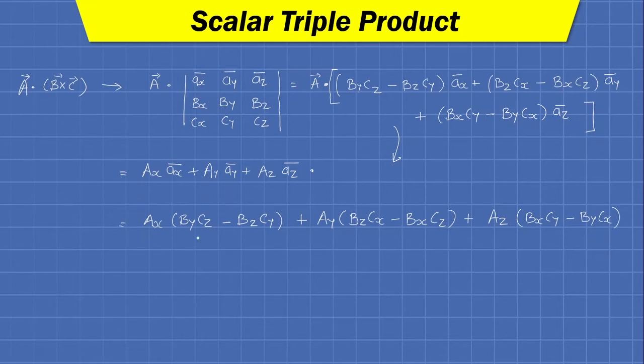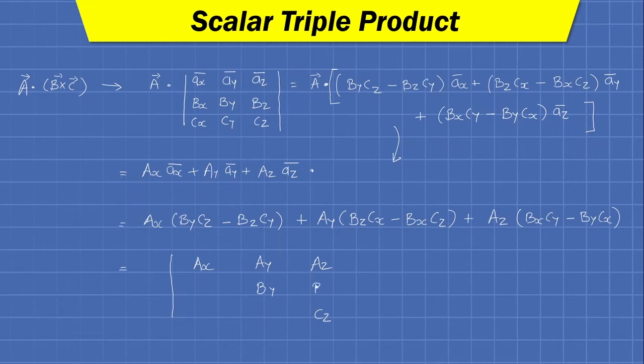And we have an alternate arrangement of this representation, so we can represent these three terms in terms of a matrix as ax, ay, az. Then the cofactor of ax will be by cz minus bz cy, so we can arrange it like by and cz, then bz and cy, and we need not put any minus sign in either of these two elements.